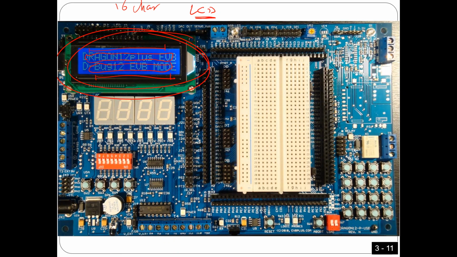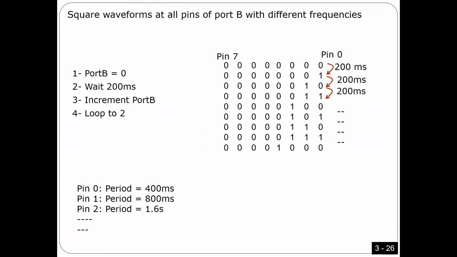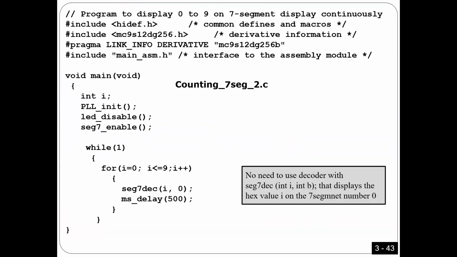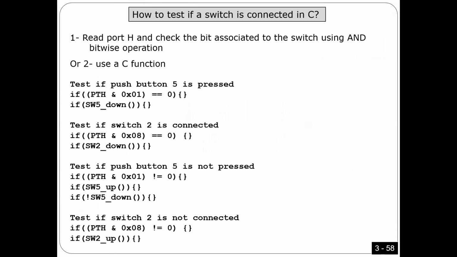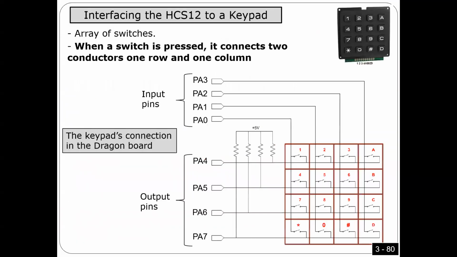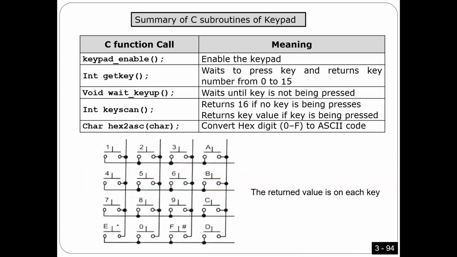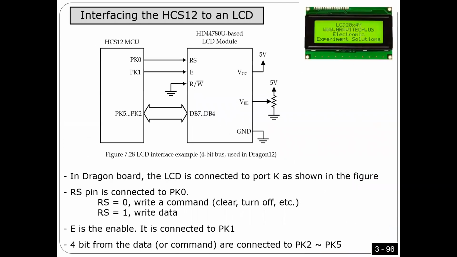Similar to what I did before, number one, I'm going to tell you how it is connected, and then I'm going to tell you how you can program it. So as you see here, guys, in this picture, this is a microcontroller and this is the LCD.